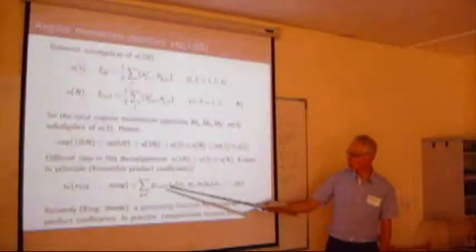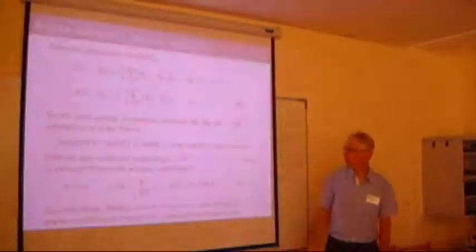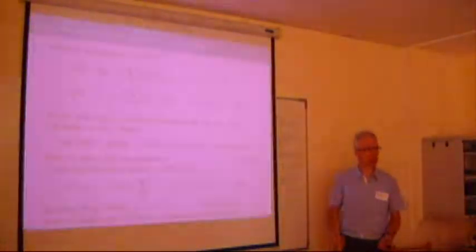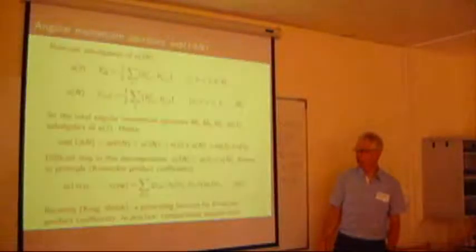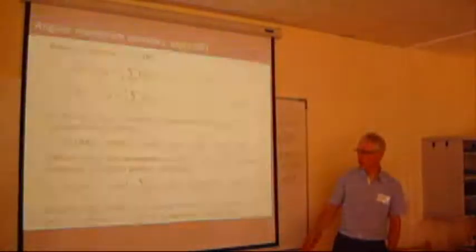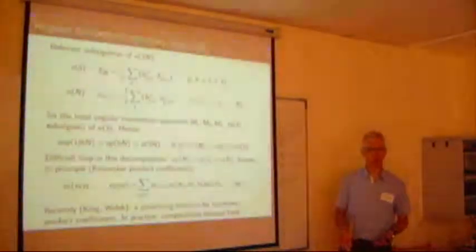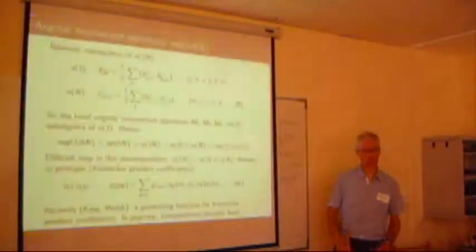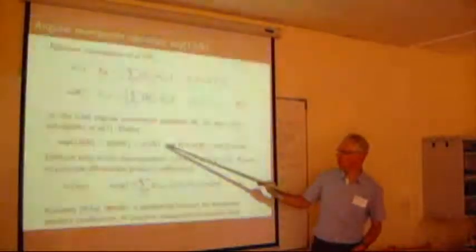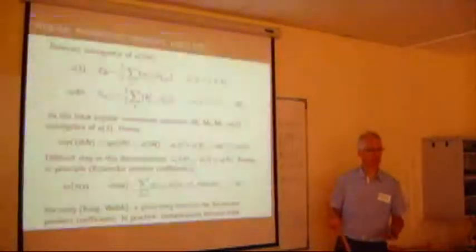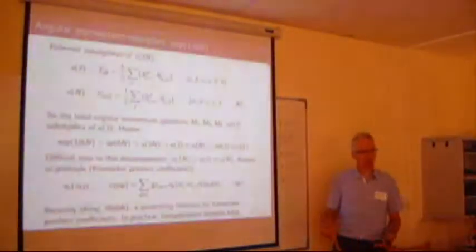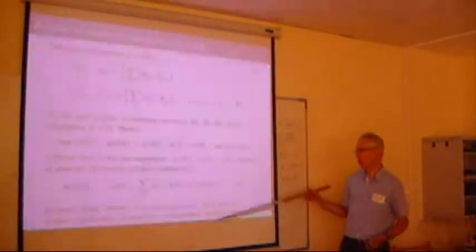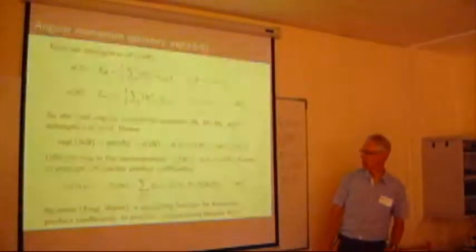To compute these coefficients is still quite hard, and it was only due to a recent result of King and Welch, who managed to write down a generating function for these Kronecker product coefficients, that we managed to do this decomposition explicitly for a number of cases. Not for all cases in all generality, because computations still become quite hard, but we managed to do it in some cases.